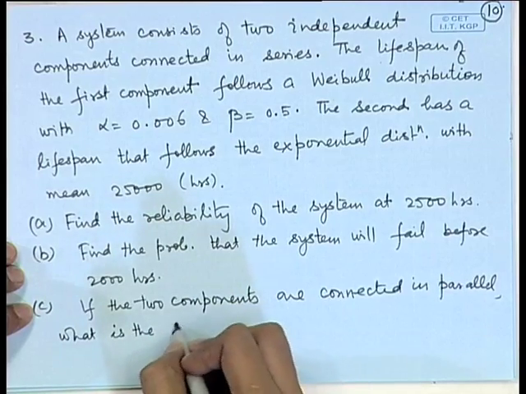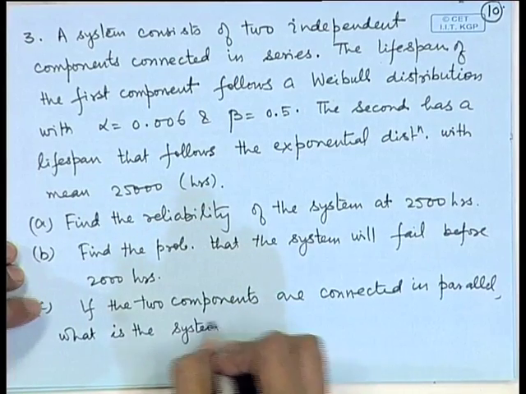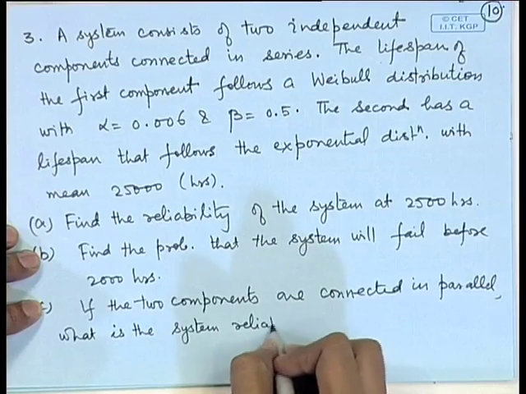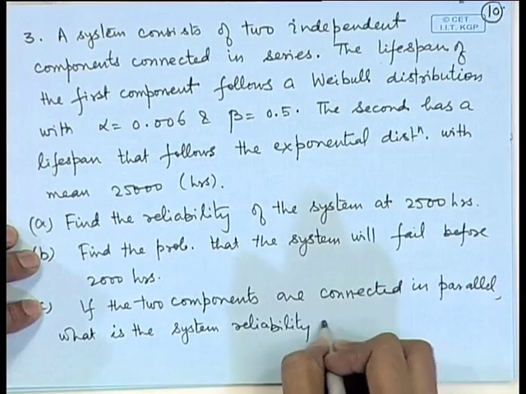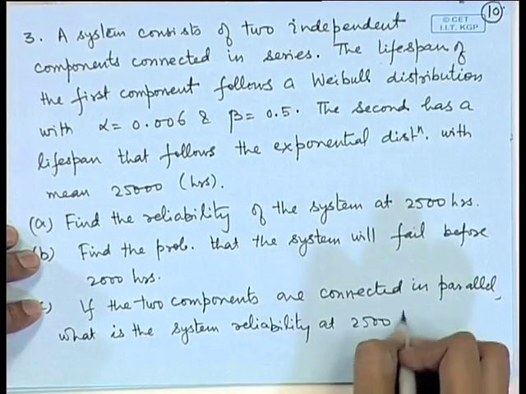What is the system reliability at 2500 hours?